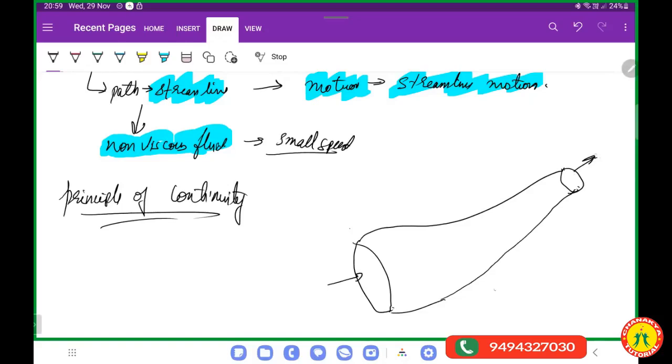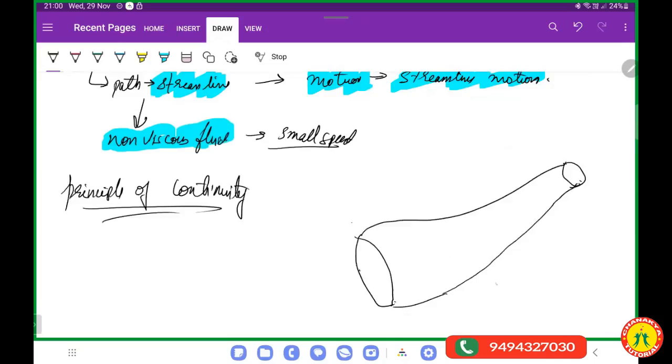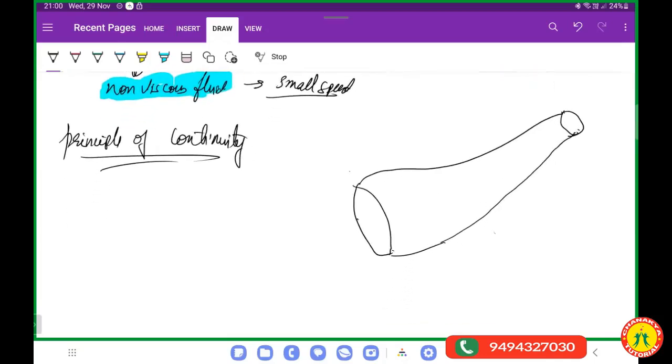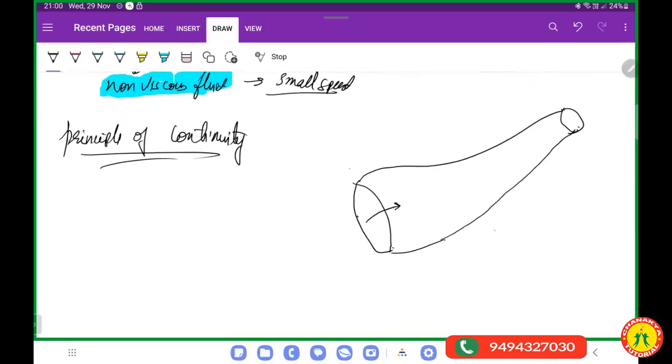The exhaust side area is smaller if you have observed. So if I take the velocity of intake as V1 and velocity of exhaust as V2, area A2 is small, A1 is bigger, pressure here, P to Q.